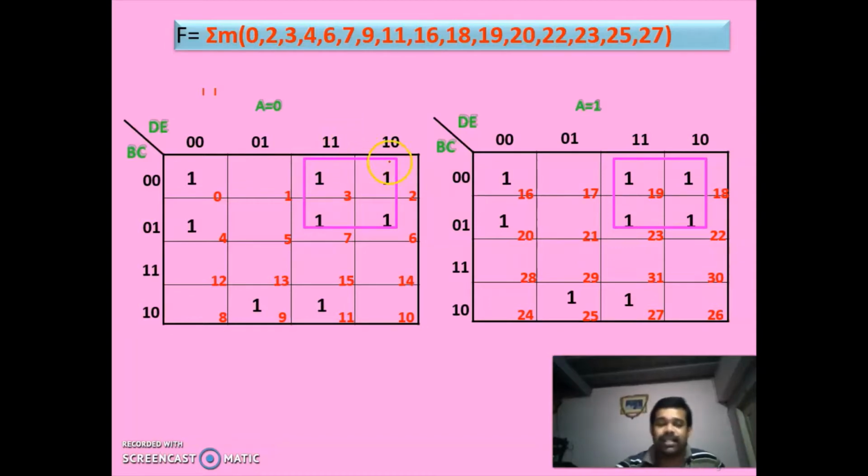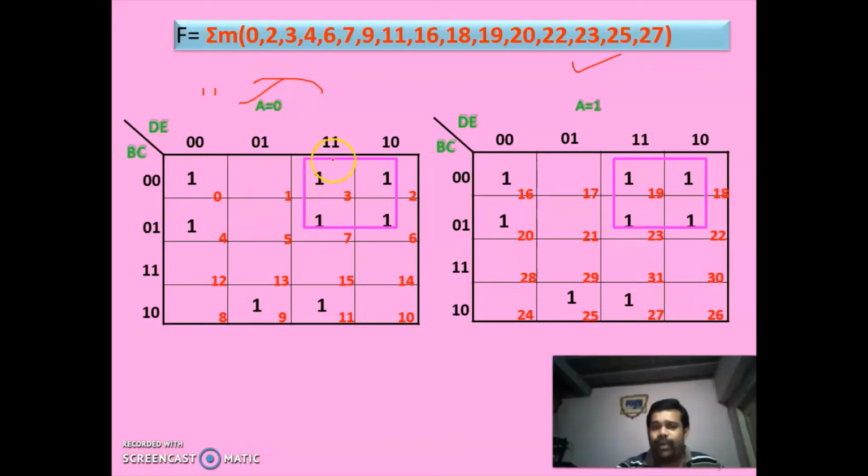Since you are having these 4 ones paired in both 4 variable K maps, there is no need to take the variable A. Since it is present in both the first map and the second map, there is no need to consider the variable A. You can neglect it.